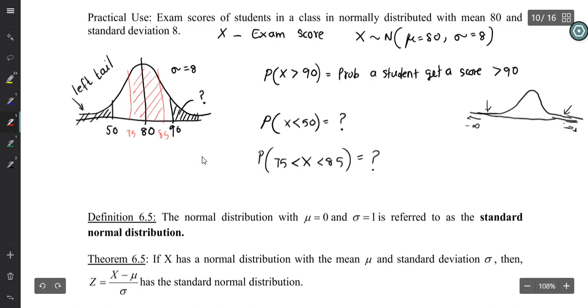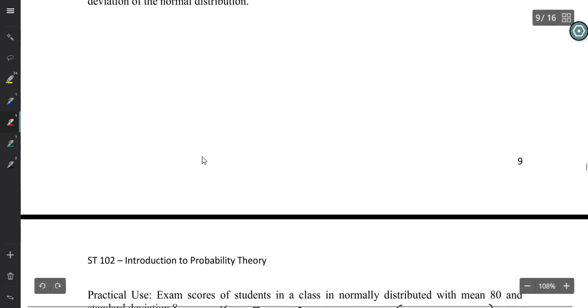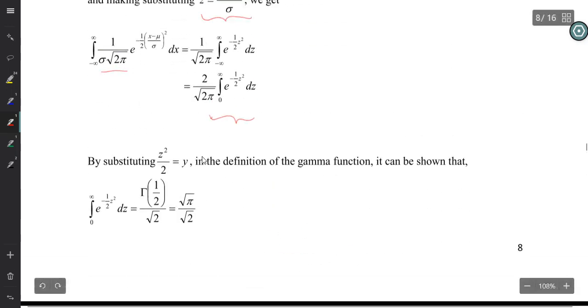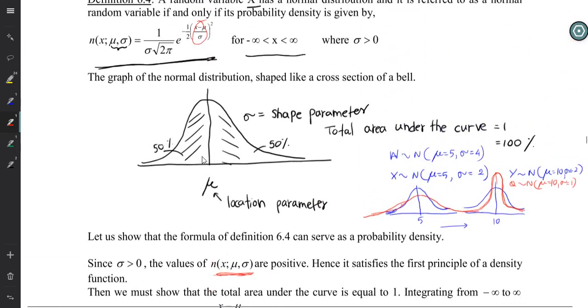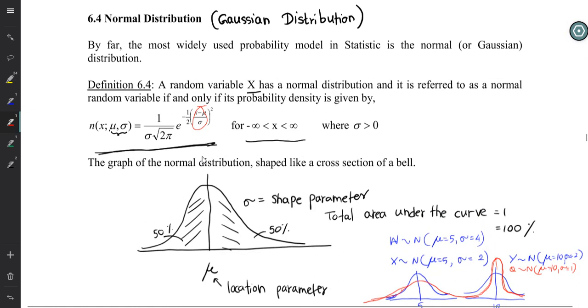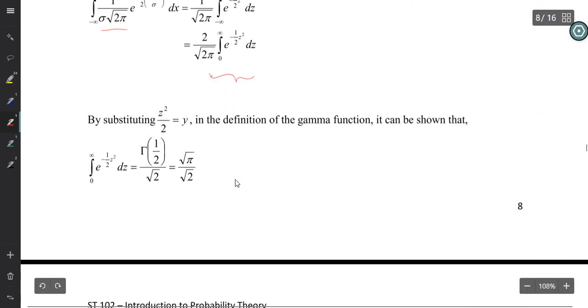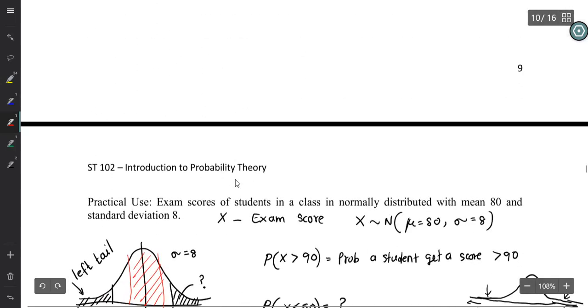How do you find this? Now you know that the PDF of the normal distribution is this complicated equation. Integrating this equation from 75 to 95 or 95 up to infinity is doable, but it is not practical. It is hard actually.